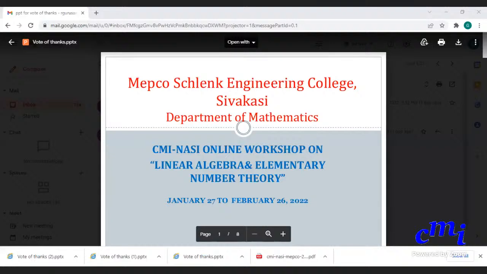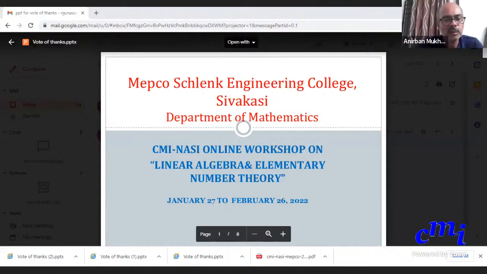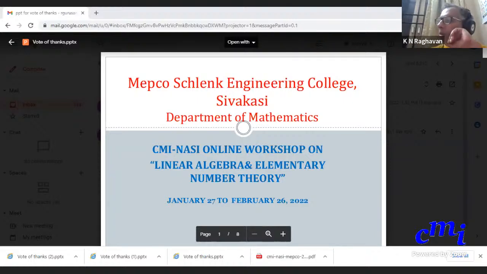Yes, sir, we circulated it through mail, sir. Okay, that may be a good idea. Anirban, Guruswami asked me about this yesterday, and I said, yes, why not? CMI-NASI doesn't require it, but we had one for the TEW. Yes, exactly. So I suggested that it be sent out, and I think it has been done, as Professor Radha says.